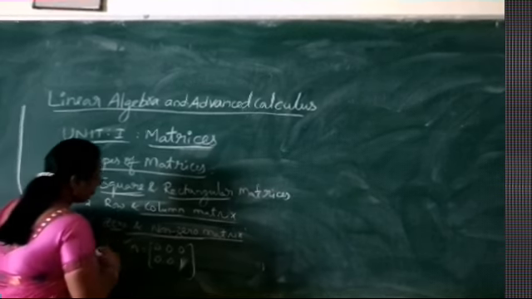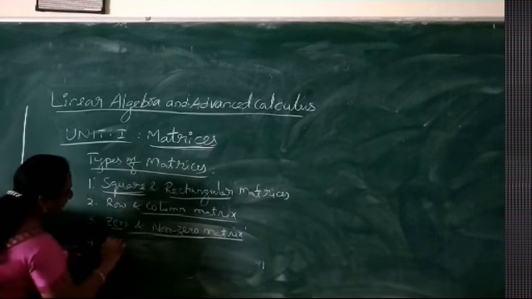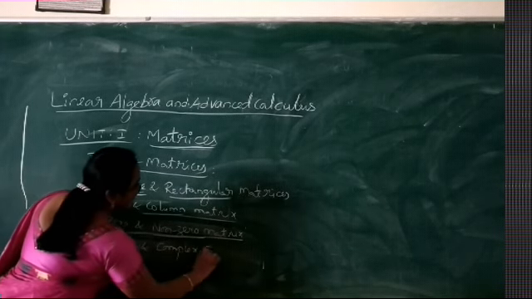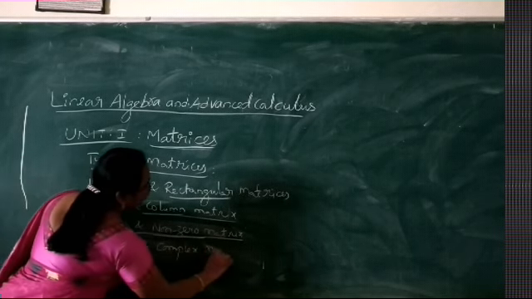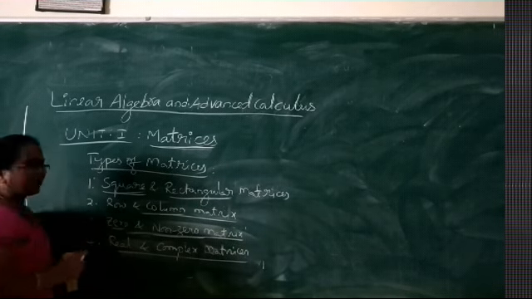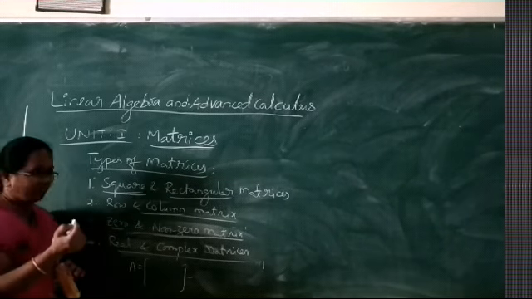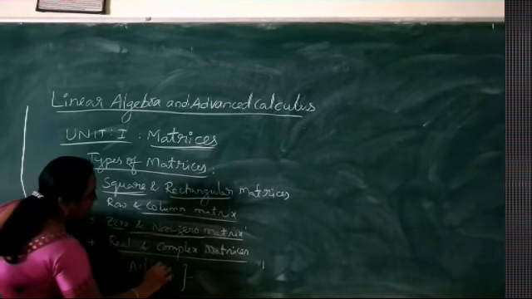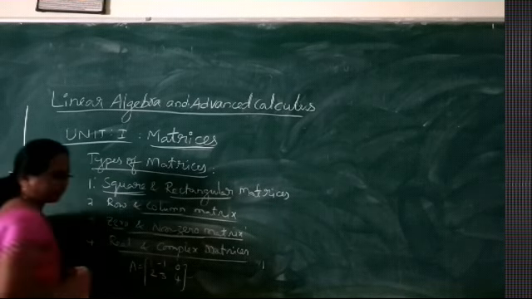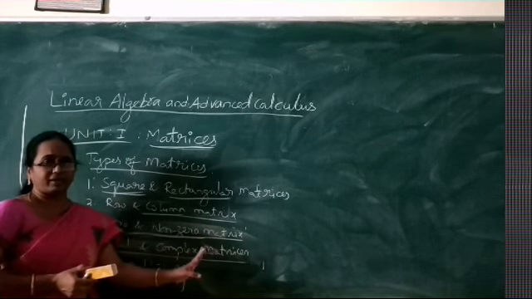Now moving on to the next type, we have real and complex matrices. Let us see what is a real matrix first. For example, I am placing the elements here. The first row is 1, minus 1, 0. Second row is 2, 3, 4. First we should remember this may be a square matrix or a rectangular matrix.